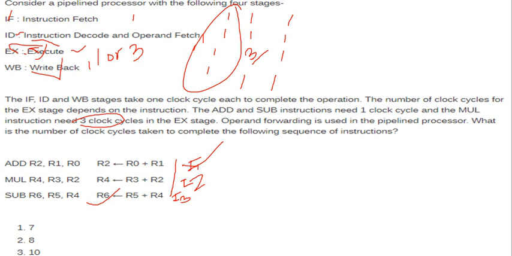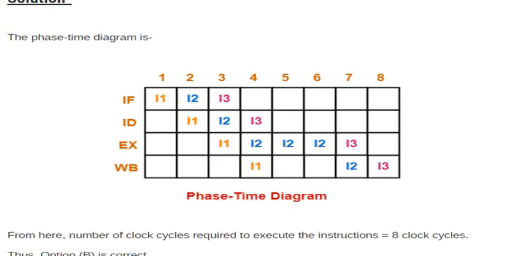So this is the question given. Now we have to find out the number of clock cycles taken to complete the following sequence. As we discussed previously, when we have to calculate the number of clock cycles, we will draw the phase diagram. So let's discuss how we will calculate it.